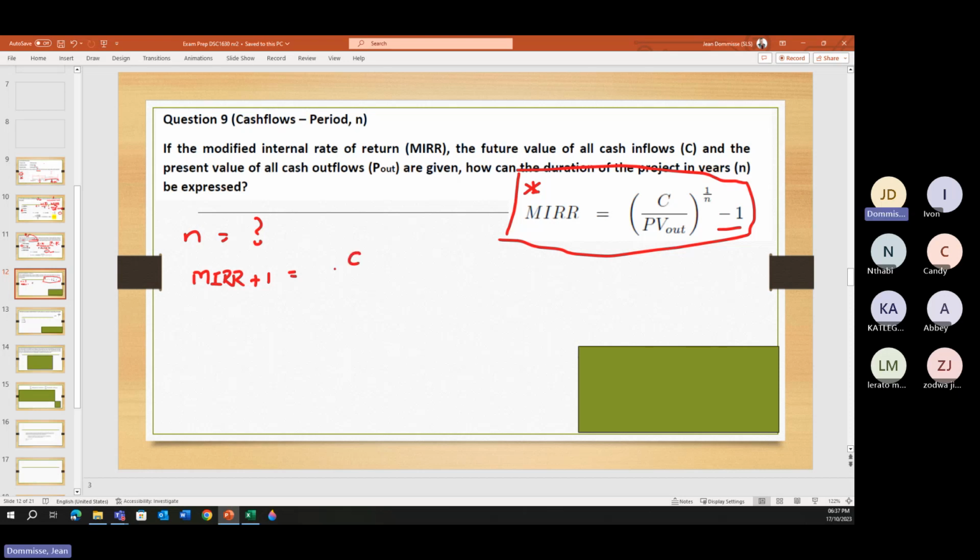Then your formula will start to look something like this: 1 over n. Then what would you do to get rid of that 1 over n? That is the important step that we need to do next. How would you get rid of that?